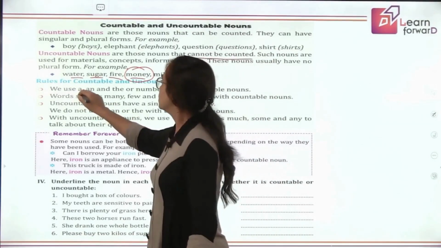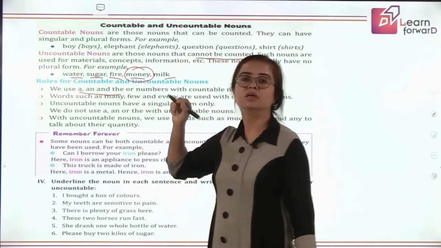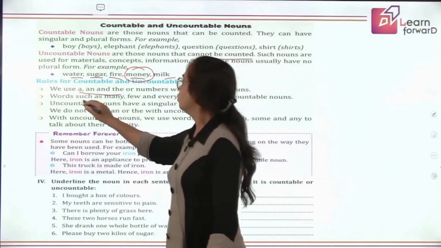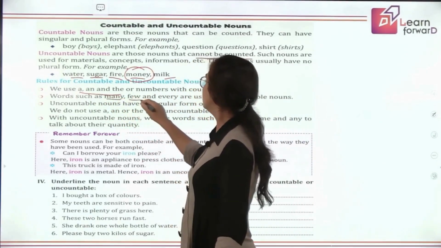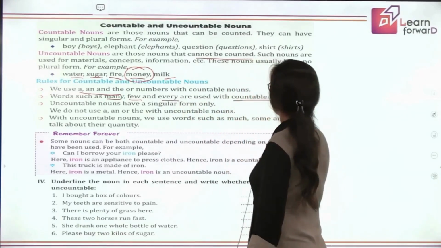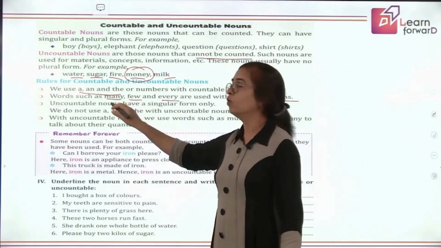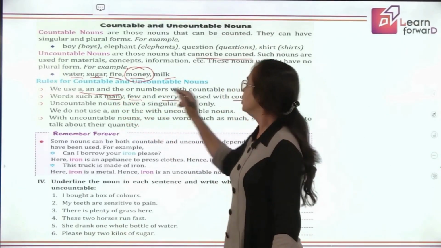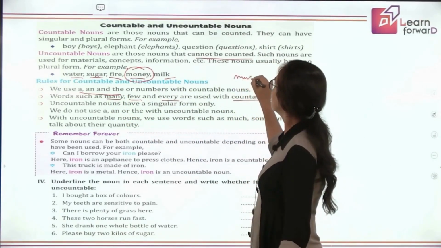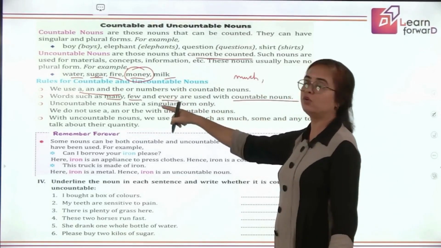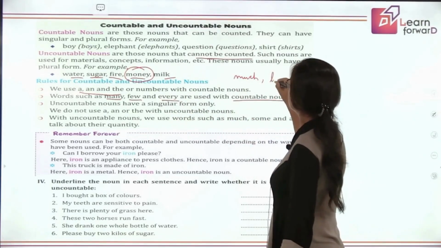So, we use a and an with countable nouns. Now, words such as many, few, every are all used with countable nouns. And in case of uncountable, what do you use for many? You use much. In place of few, what do you use? You use little.